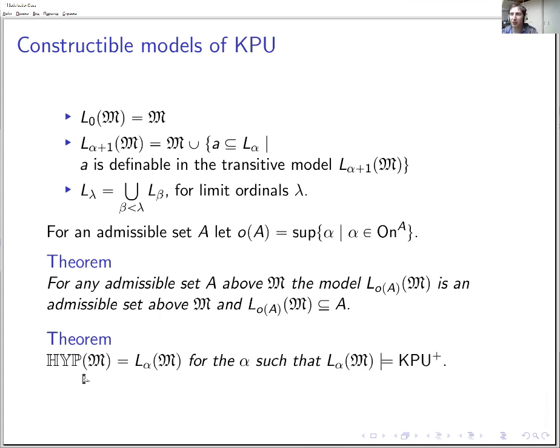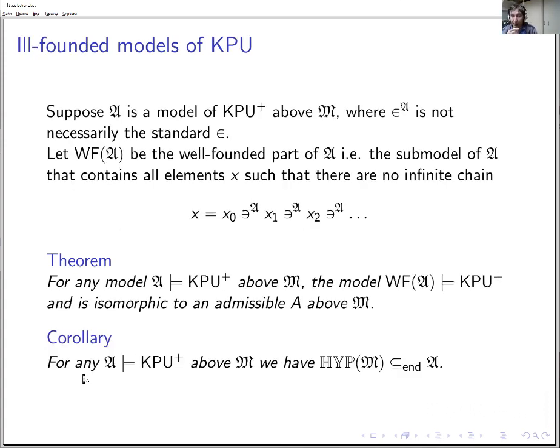These facts about constructible models would work in reasonable stronger theories too. So there's not much explanation of why exactly Kripke-Platek theory. But here we come to the point where the fact that Kripke-Platek theory is weak starts to play a role.